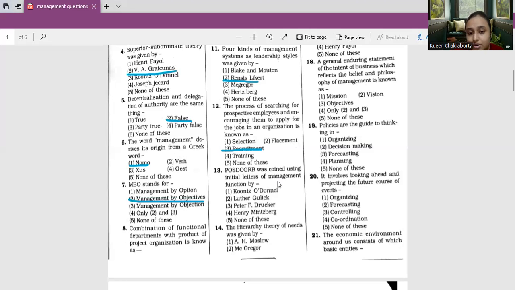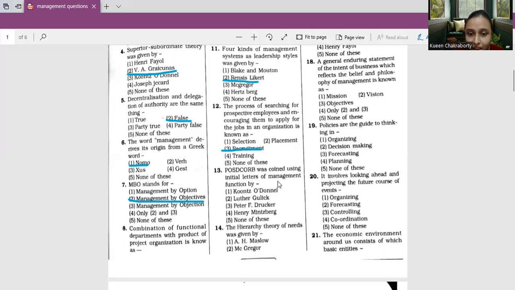If you have some knowledge about management, then you might know that Luther Gulick coined the word POSDCORB using the initial letters of the management functions. I'll come to what POSDCORB actually means.